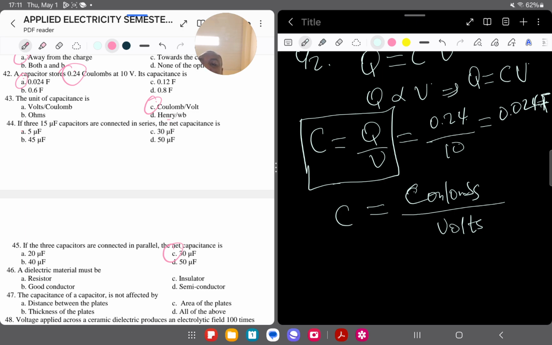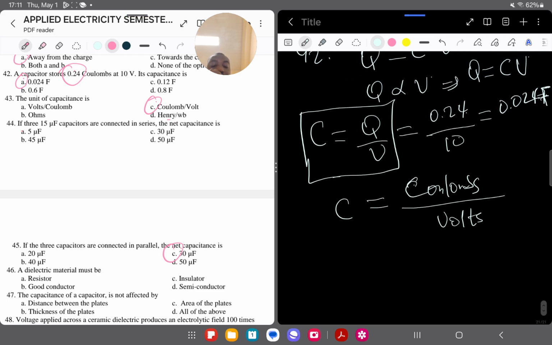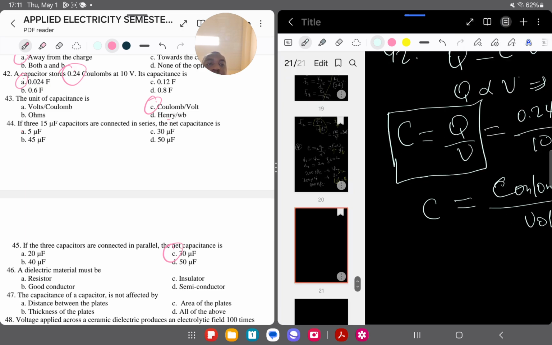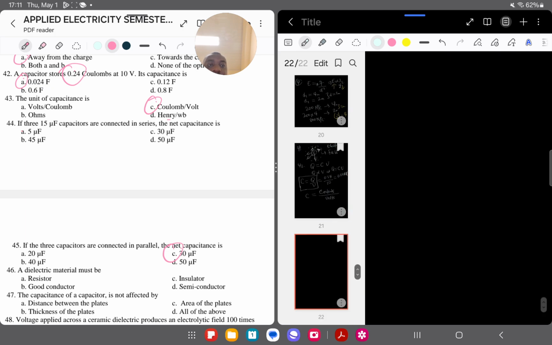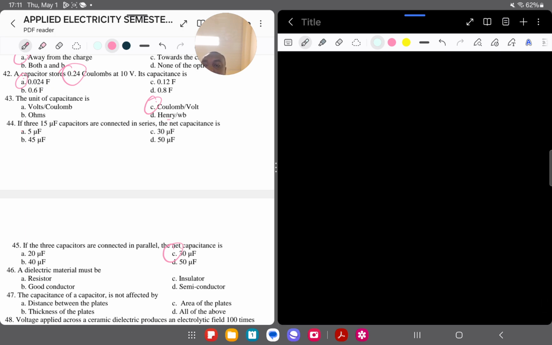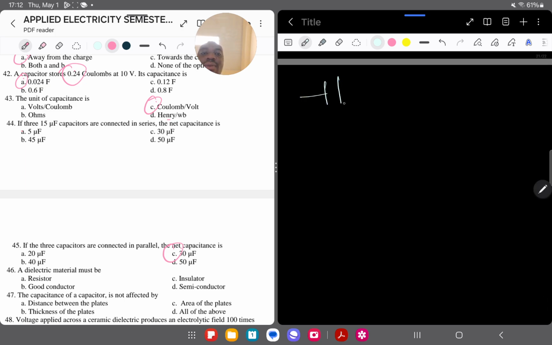If three 15 microfarad capacitors are connected in series, the net capacitance is... here we are given 3 capacitors, and each one is 15 microfarad. So I have 3, and they are connected in series, so I have 1, 2, 3.